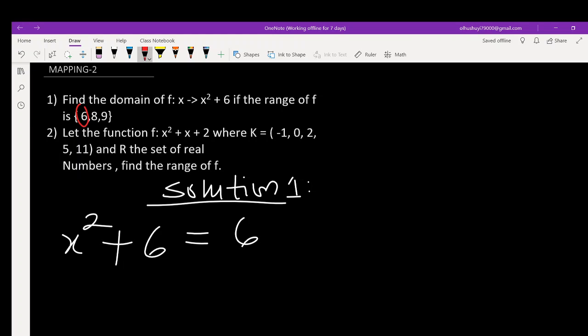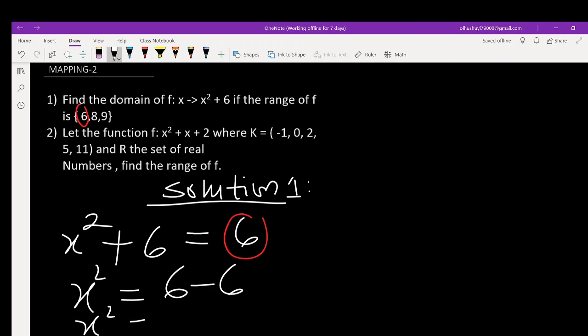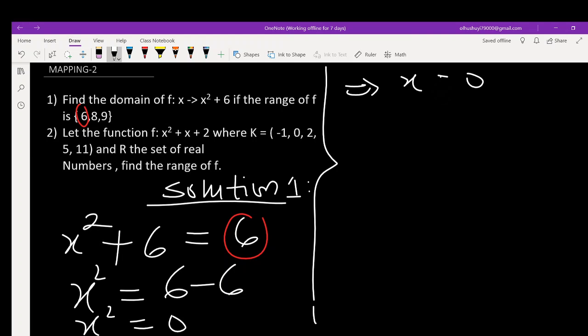So x squared is equal to 6 minus 6, then x squared is equal to 0. What does that imply? That implies that x, we take the square root of 0, is still 0, so x is equal to 0.